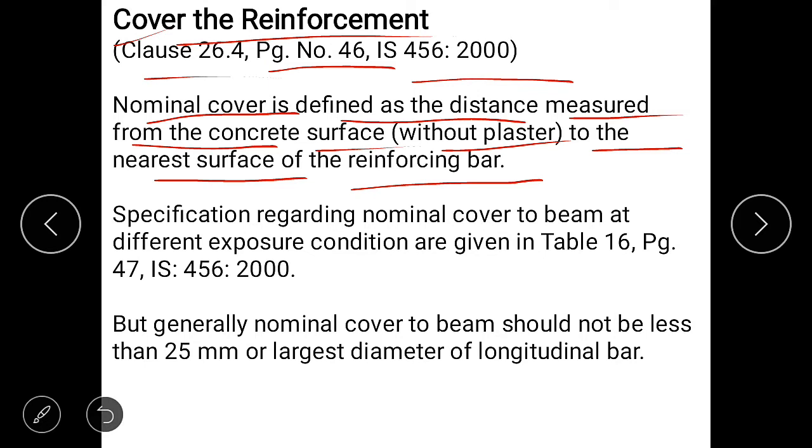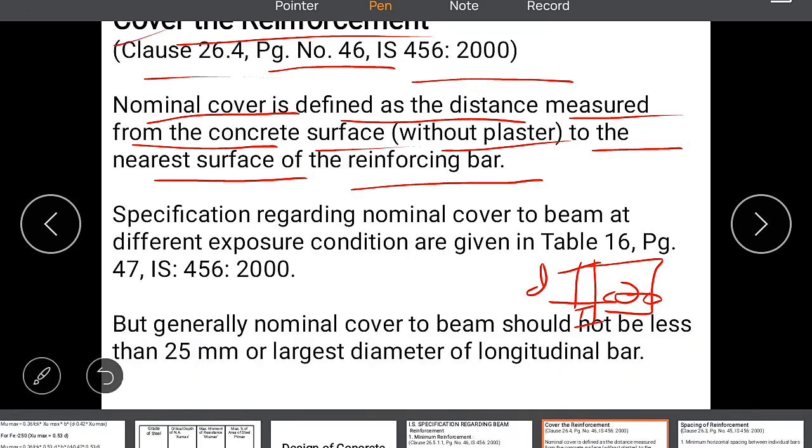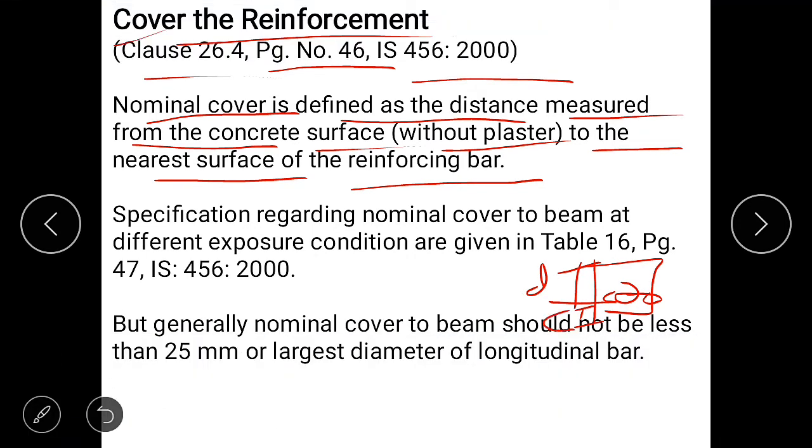It is called nominal cover. In a beam, the distance from the bar to the surface without plastering, below, is called the cover, and above it is called the effective depth.